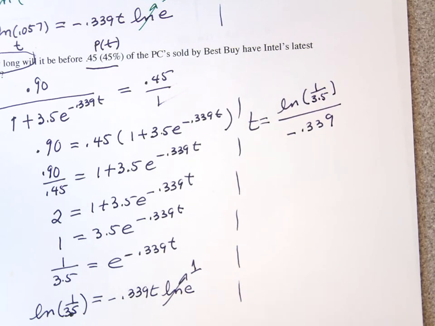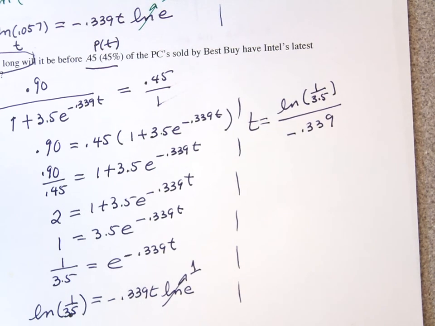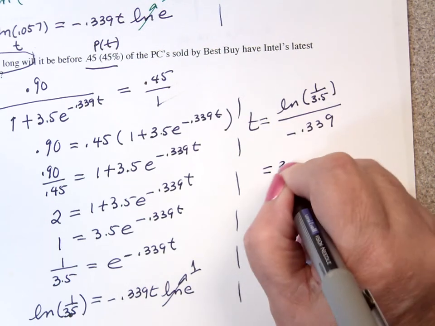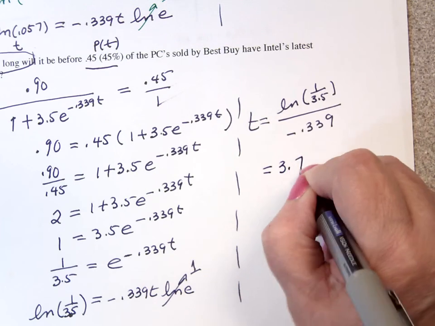If you had to do a lot of these problems, what you would do is create a formula, or all you would do is put in the variables. So the natural log of 1 divided by 3.5 and divided by negative 0.339 equals 3.7.